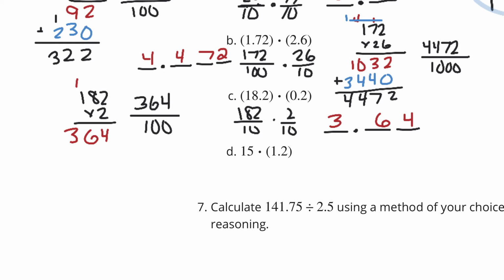Then I have 15 times 1 and 2 tenths. It's essentially 15 times 12 tenths. And so if I take 15 and multiply it by 12, 2 times 5 is 10. 2 times 1 is 2, plus the 1 is 3. Moving to our tens place, 1 times 5 is 5. 1 times 1 is 1.